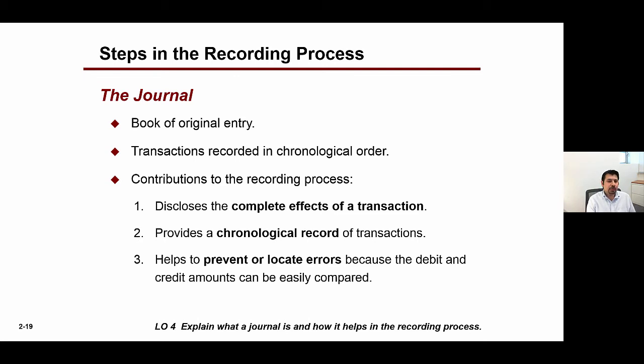And the journal captures the whole effect of this transaction on both accounts. As you remember, when we were analyzing transactions with the accounting equation, we said that any transaction has a dual effect, which means it affects at least two accounts.